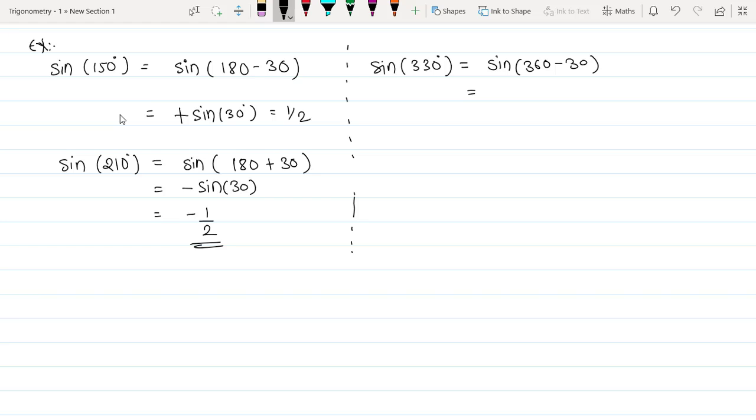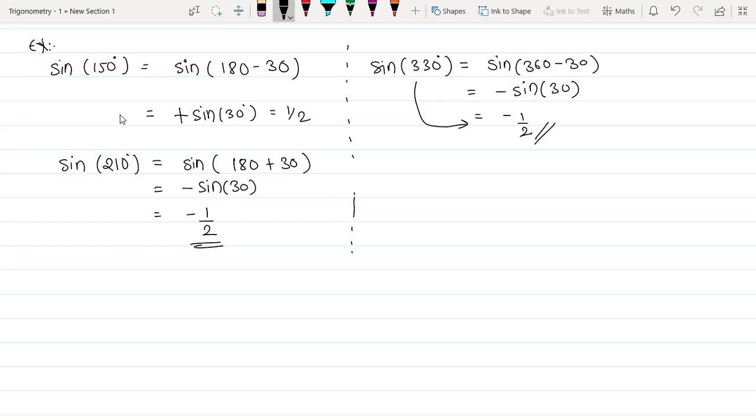Fourth quadrant. In the fourth quadrant, what happens to sine? It is negative. So 360 minus theta means minus sine of theta only. Minus 1/2 is your answer. So sine 330 is minus 1/2. Are you getting this?